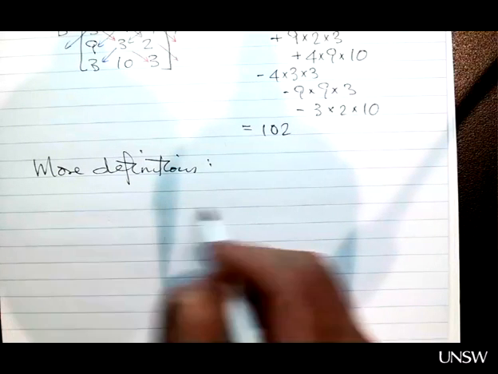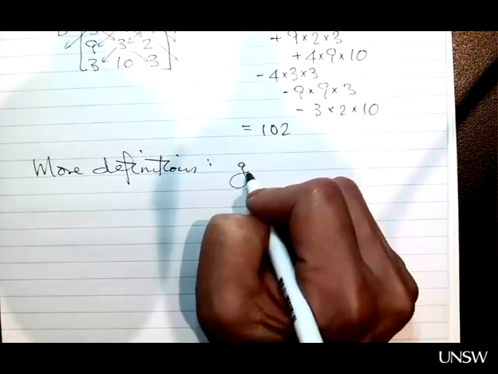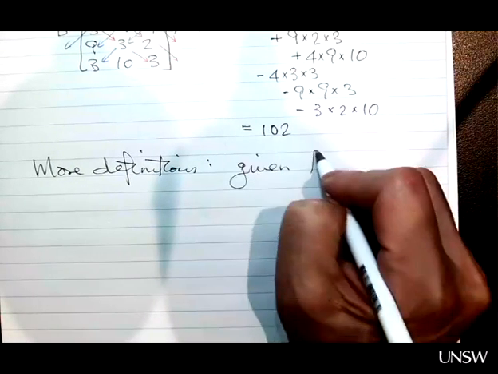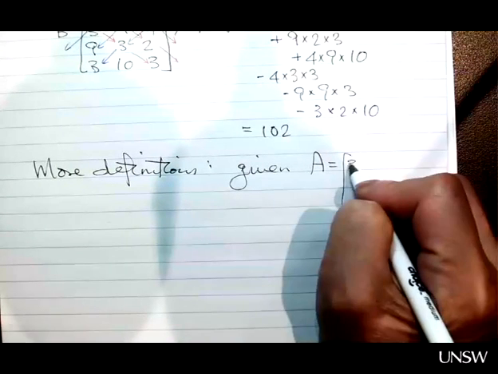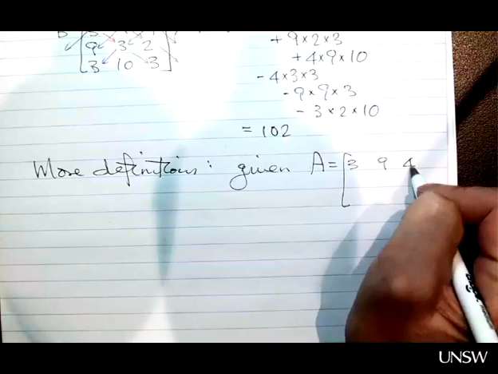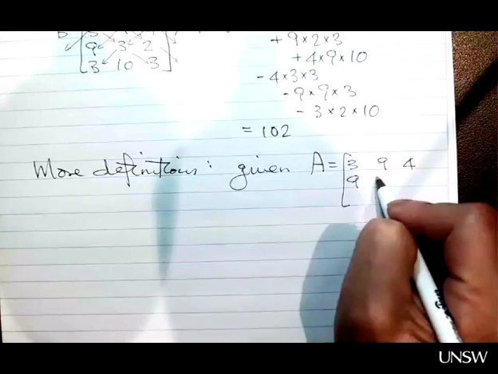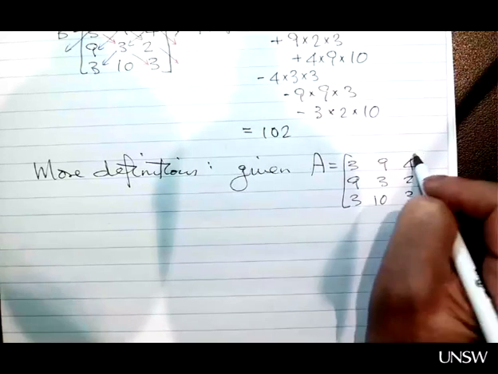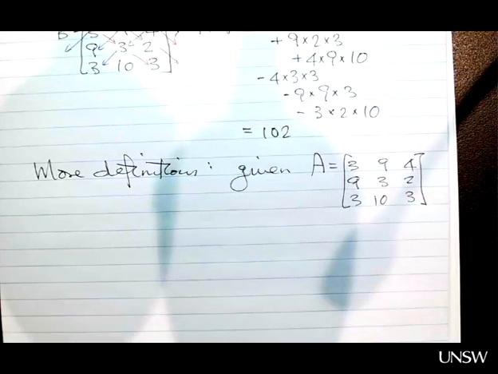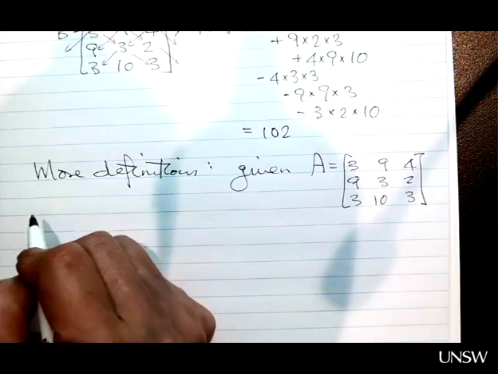For example, if we are given another matrix A equals 3, 9, 4, then 9, 3, 2, 3, 10, 3. So now we define the minor.